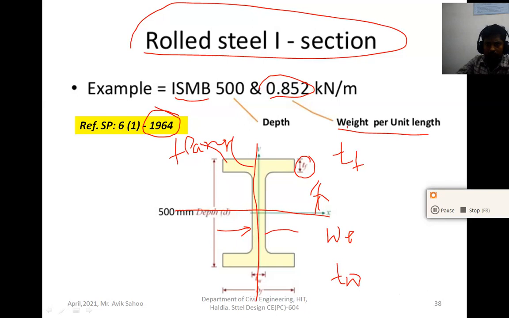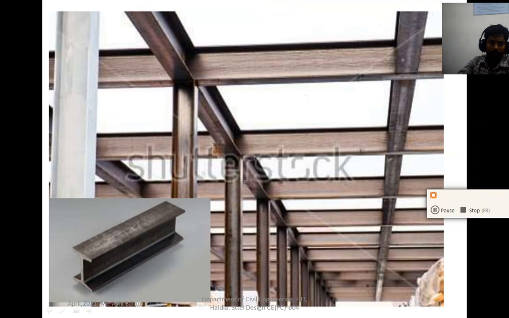So by 500 we understand the depth of the beam, and the weight per unit length, and the properties are given in 1964. This is the shape of the I section, which is basically a factory product, and these are real I beams which are used as beams as well as columns.